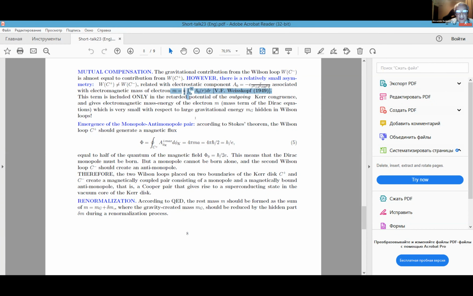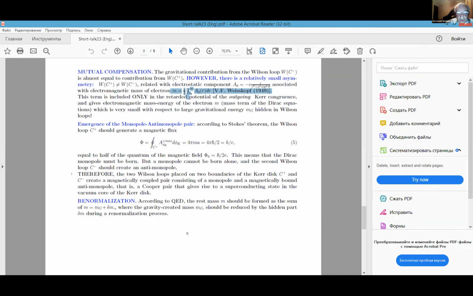Emergence of the monopole-antimonopole pairs. According to Stokes' theorem, the Wilson loops should generate a magnetic flux equal to half of the quantum of the magnetic field. This means that the Dirac monopole must be born, but a monopole cannot be born alone, and a second Wilson loop should create an anti-monopole.